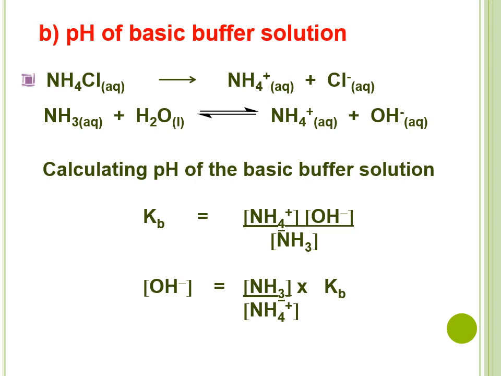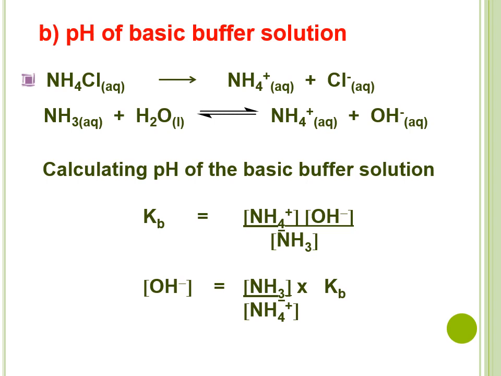Now let's do the pH calculation of a basic buffer solution. Ammonium chloride will dissociate completely to become ions of ammonium and chloride. And ammonia is going to be ionized in water, dissociating partially to produce ammonium ion and hydroxide ion.